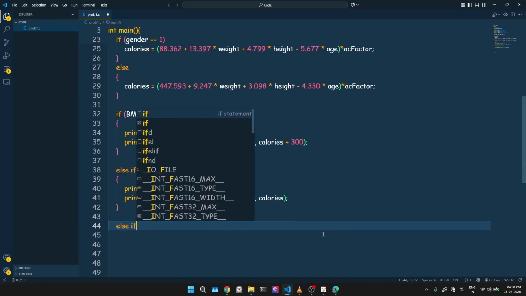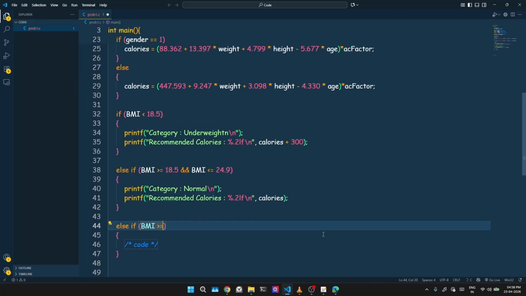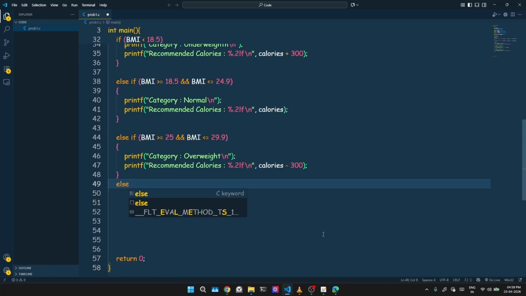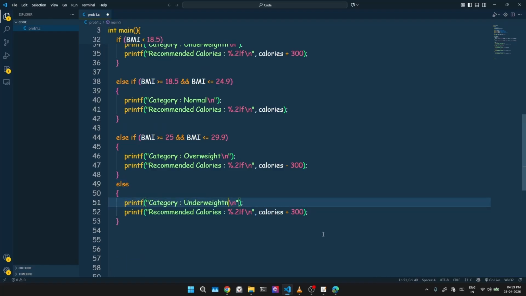Then else if the BMI is greater than or equal to 25 and BMI is less than or equal to 29.9, then in this case the category is overweight, and the recommended calories will be the calories calculated minus 300. Else if it's greater than 30, then the category of the user is obese, and the calories will be the calculated calories minus 500. Let's run the code.